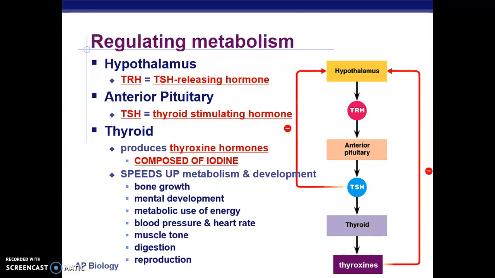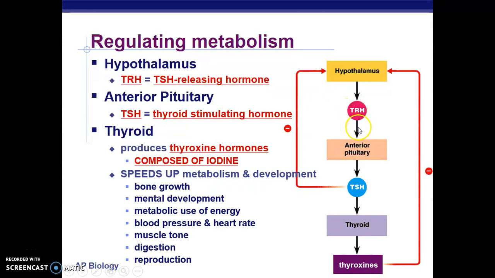Now, when the hypothalamus, okay, senses that your body is cold, it releases a hormone known as TSH releasing hormone, which is abbreviated TRH, believe it or not. Usually we use the abbreviations and not these long names.